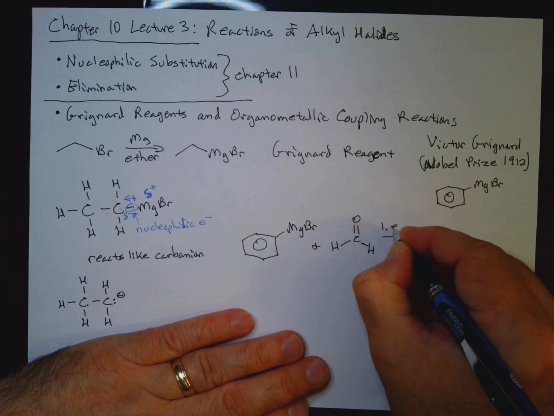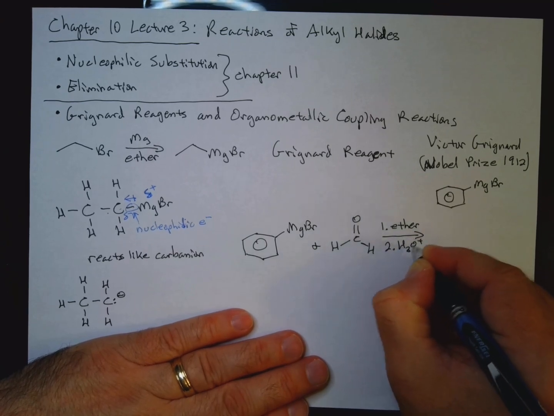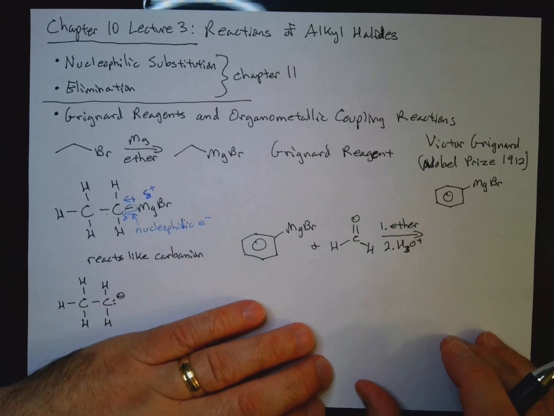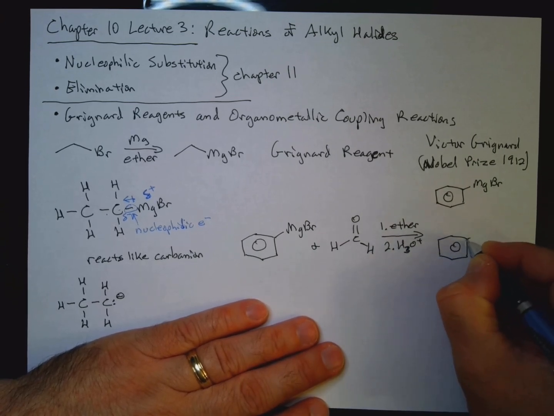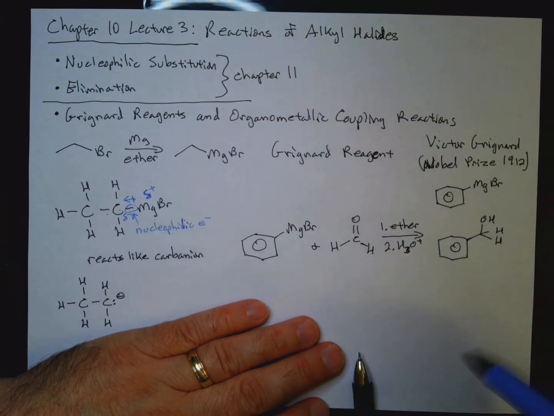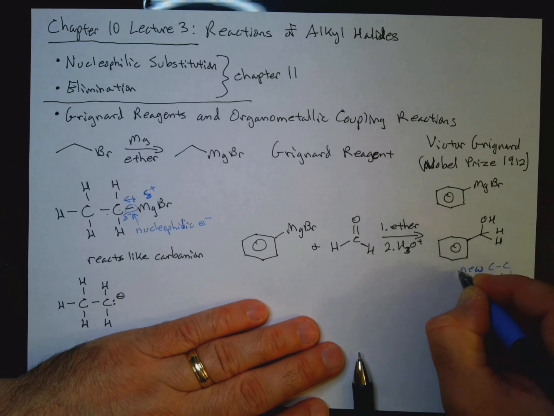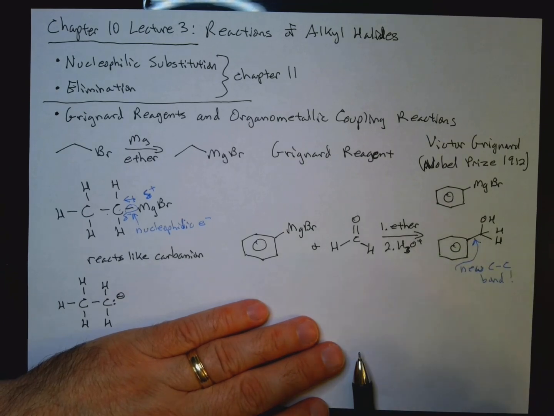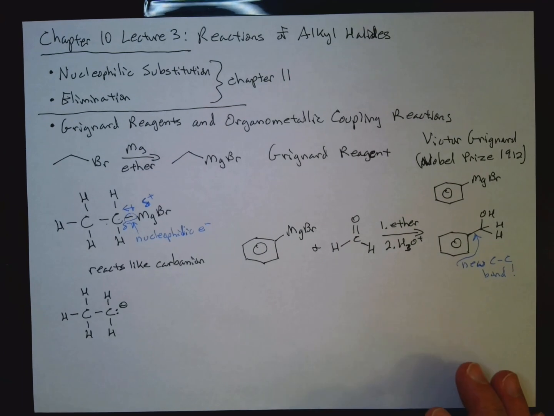So one, we just use ether as the solvent, and two, we quench with acid. And I'll show you the mechanism in just a minute. And we will get a new carbon-carbon bond. So that's the power of the Grignard reagent, is that we get a new carbon-carbon bond forming.